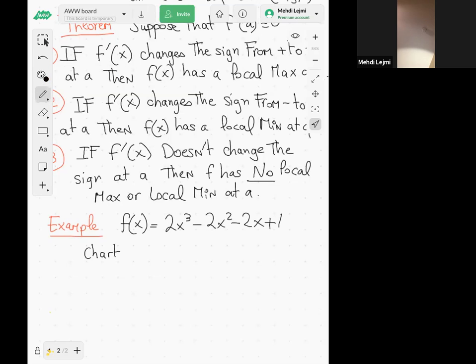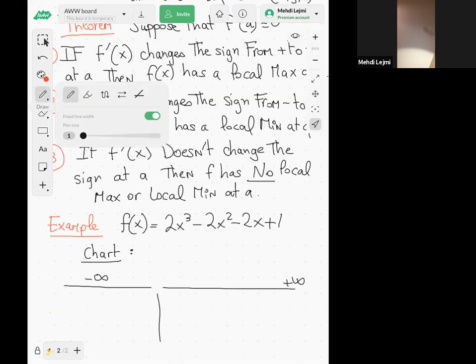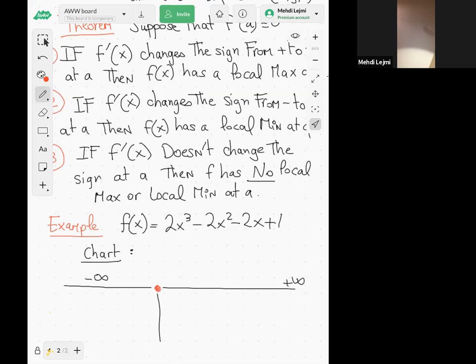So we had negative infinity, positive infinity. We had negative 1/3, and this is a positive 1. And we said, this is f of x, and this is f prime of x.